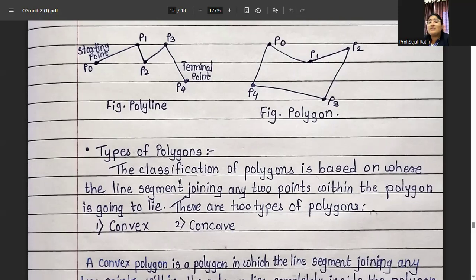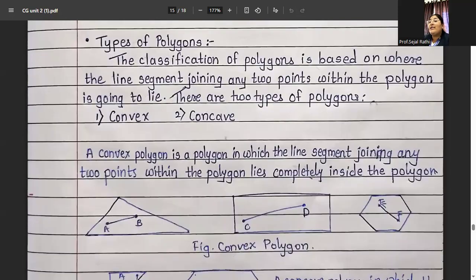When the interior angle is less than or equal to 180 degrees, it is a convex polygon. And if the angle is greater than or equal to 180 degrees, it is a concave polygon. A convex polygon is a polygon in which the line segment joining any two points within the polygon lies completely inside the polygon. This is a convex.